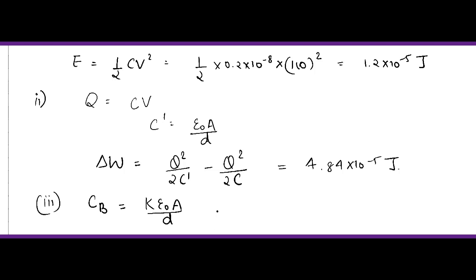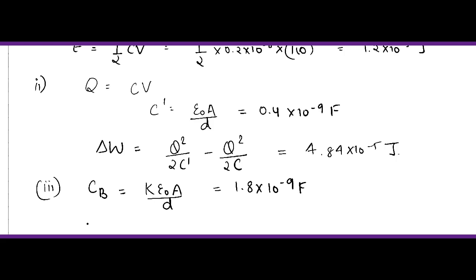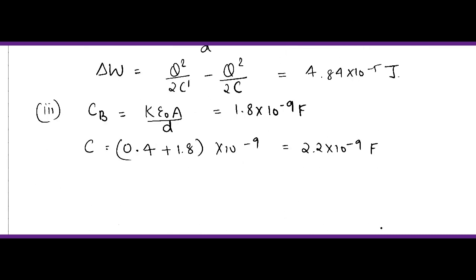That turns out to be 1.8 into 10 to the power minus 9 Farad, and here C dash A was 0.4 into 10 to the power minus 9 Farad. Since they are in parallel, the total capacitance would be 0.4 plus 1.8 into 10 to the power minus 9, that is 2.2 into 10 to the power minus 9 Farad. This is the total capacitance of the system.